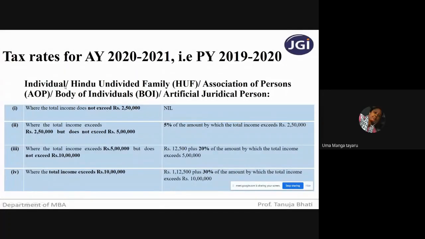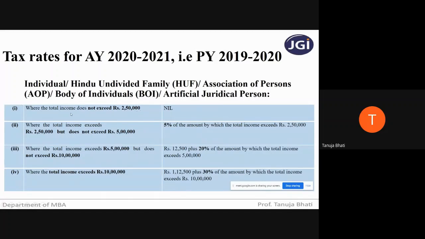Okay, listen. Suppose I'm an individual and my income is only 1 lakh, which I'm earning in the entire year from 1st April 2019 to 31st March 2020. Will I be chargeable to tax? The answer is no, because my income is not exceeding 2 lakh 50, it is only 1 lakh for the entire year.